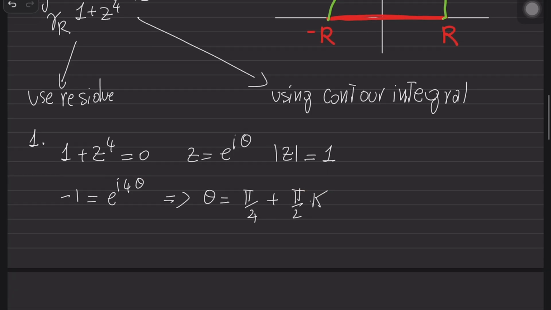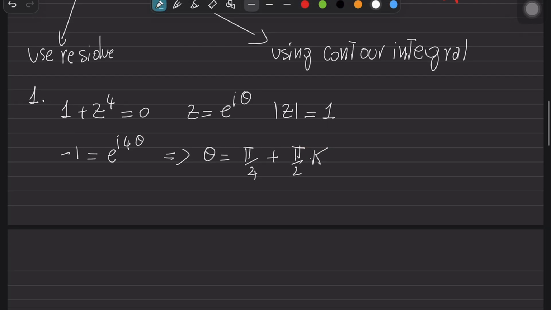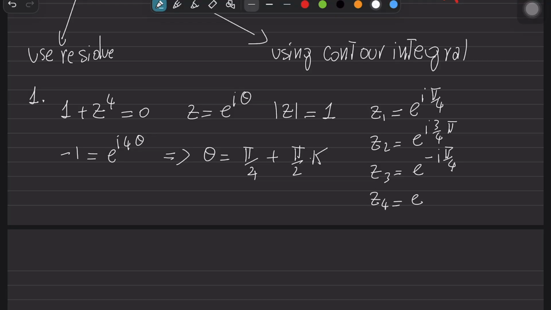So where are the solutions then? The solutions are going to be z1, which is e to the i pi over 4, z2, which is e to the i 3/4 pi, z3, which is e to the negative i pi over 4, and z4, which is e to the negative i 3/4 pi.